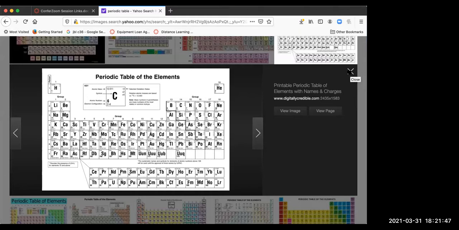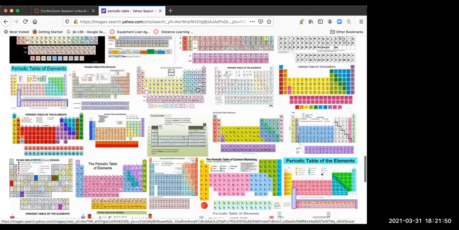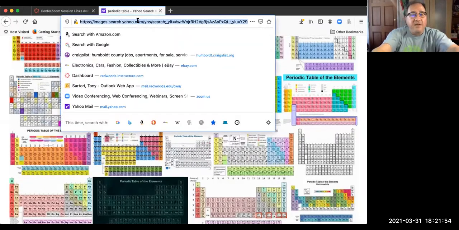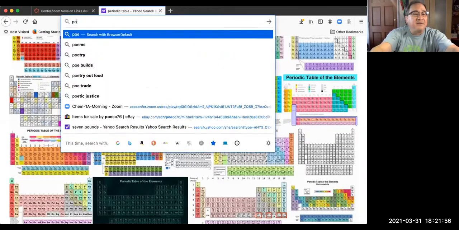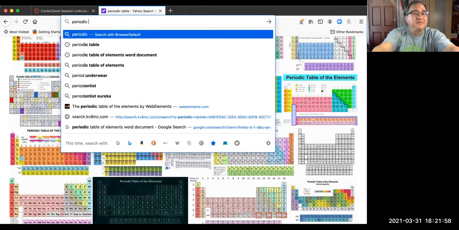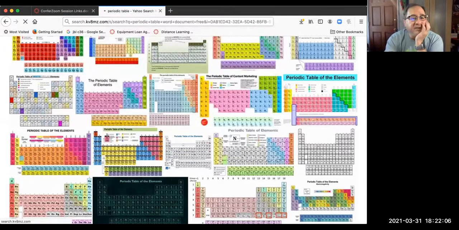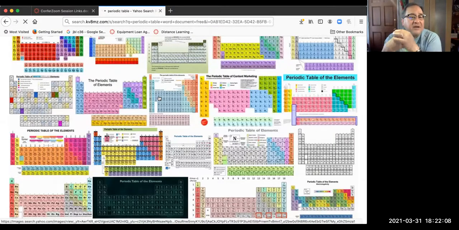And there's even one that you can find online. Let's see, periodic table, Word document, free. I think there's one that's a Word document someone made.